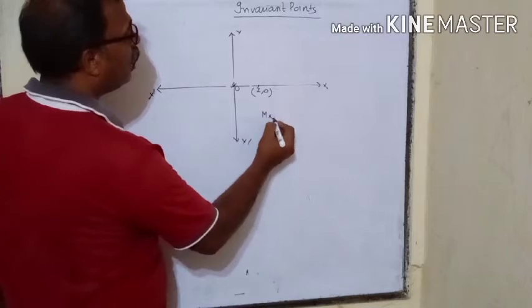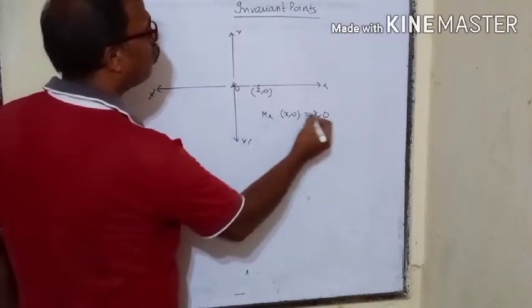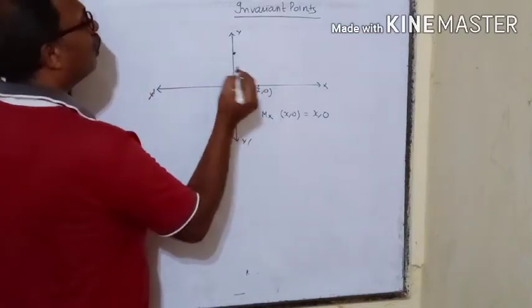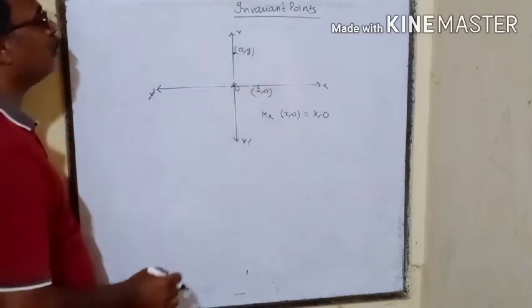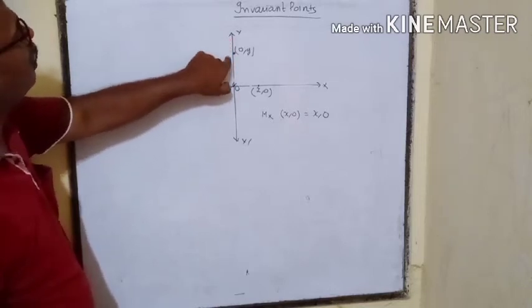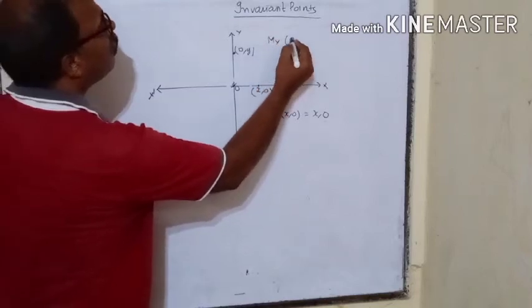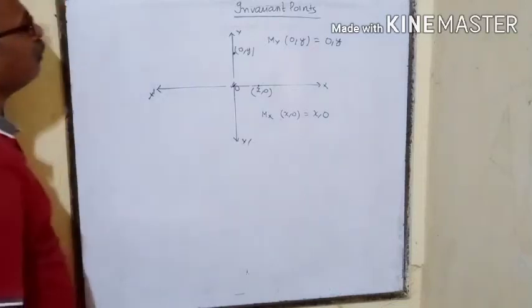Its reflection in x-axis will be the same, (x, 0). It is not going to change. Consider a point on the y-axis. Its coordinate is (0, y), and we have to see its reflection in the y-axis itself. The point is lying on the y-axis, and we have to find the reflection in the y-axis. So in that case, the reflection of this point will remain unchanged. So these points are called invariant.